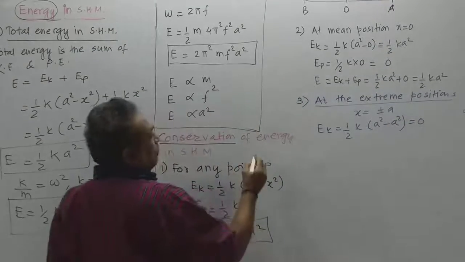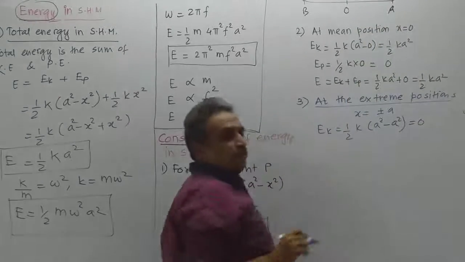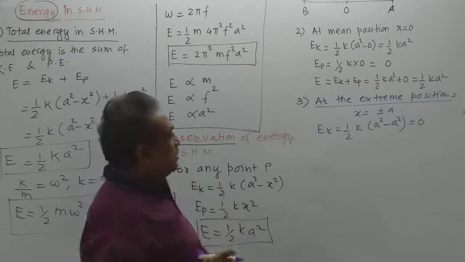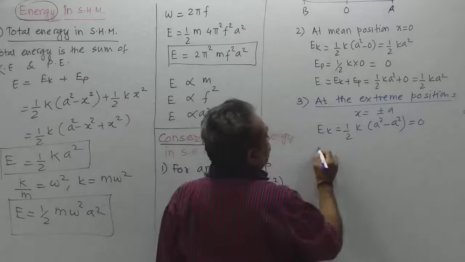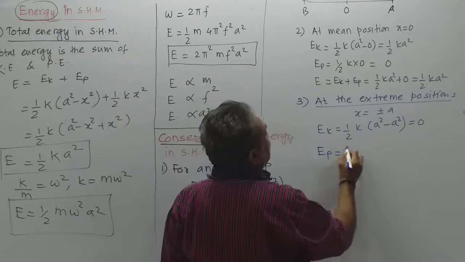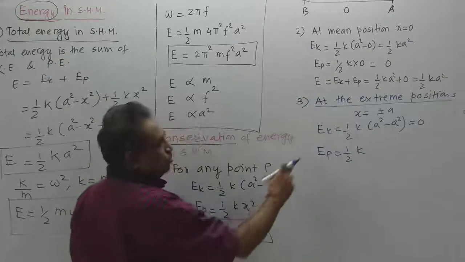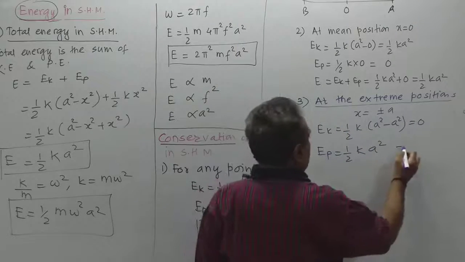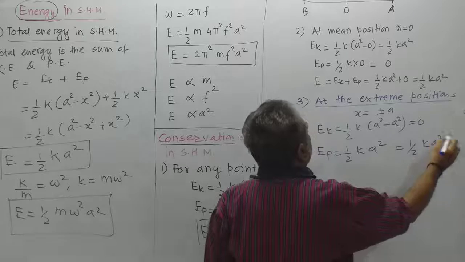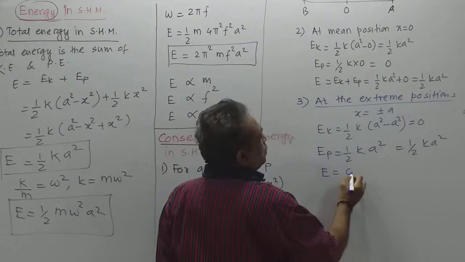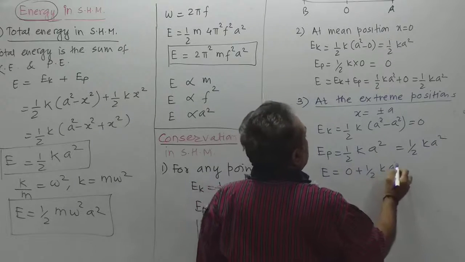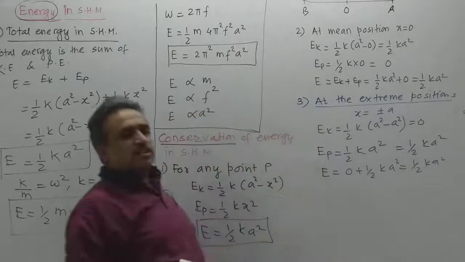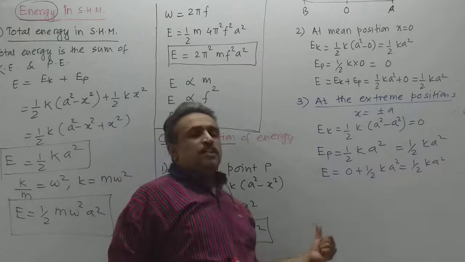As you are aware, at the extreme position the particle stops momentarily and the kinetic energy becomes 0. Potential energy Ep is equal to half K, x replaced by plus or minus A, so it will be half KA square. So total energy is 0 plus half KA square, that is half KA square. You can see in all three positions the total energy is half KA square, only there is a change of form.